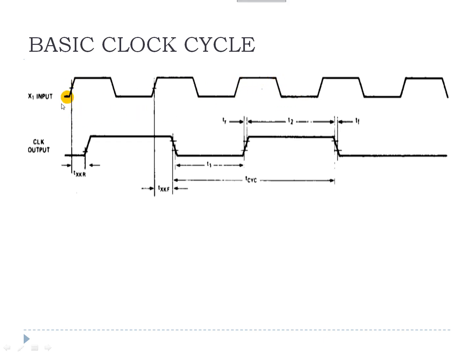So why is this waveform slightly slanted? It means the voltage is rising at a definite slope. If the waveform were a square wave, the change of the input voltage from 0 to 1 would be abrupt.